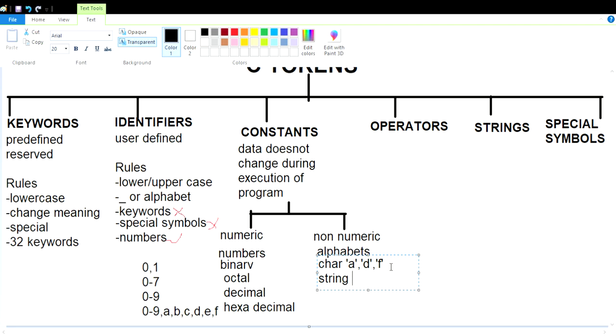If you are taking any single alphabet or single number, that is called a character. A string is a set of characters. We have to write that particular string within double quotes. We have to remember that point: a string should compulsorily be enclosed between double quotes.